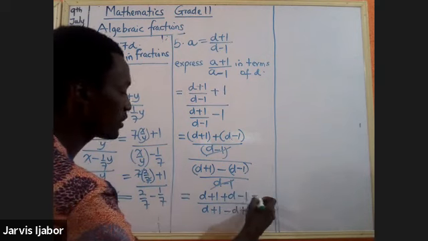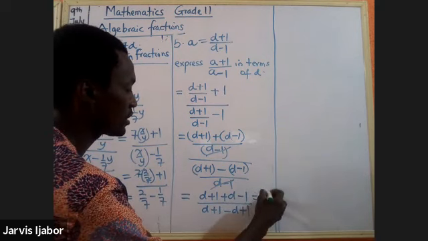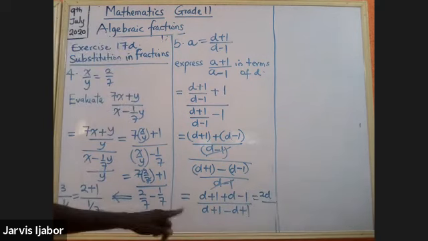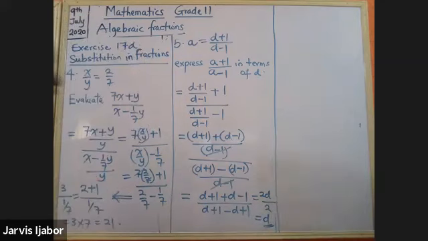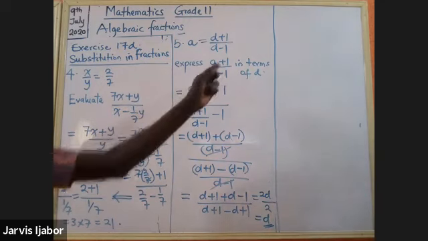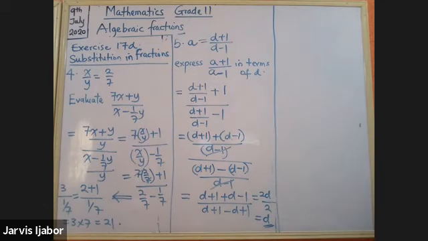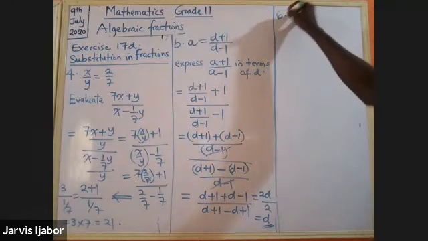So this will give me what? 2D over what? Over 2, which will equal to what? D. So the final answer is D. So A plus 1 over A minus 1 in terms of D will be simply D. All right, let's look at question 6.